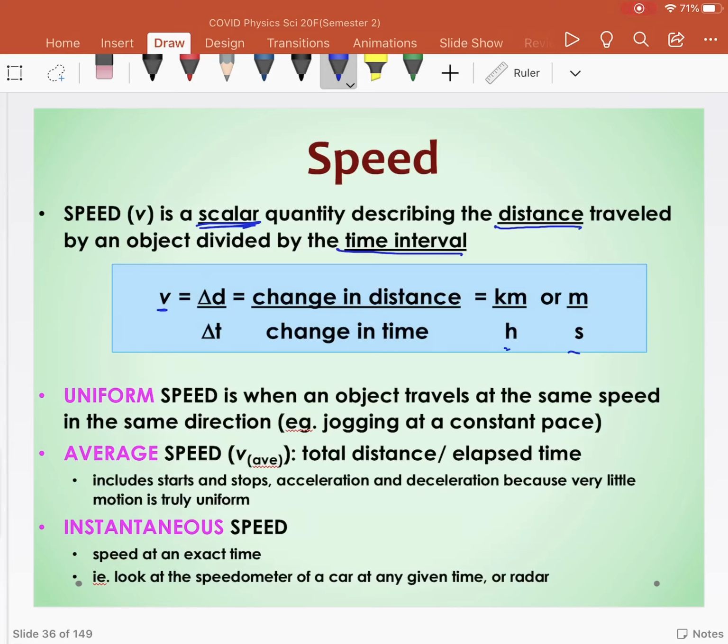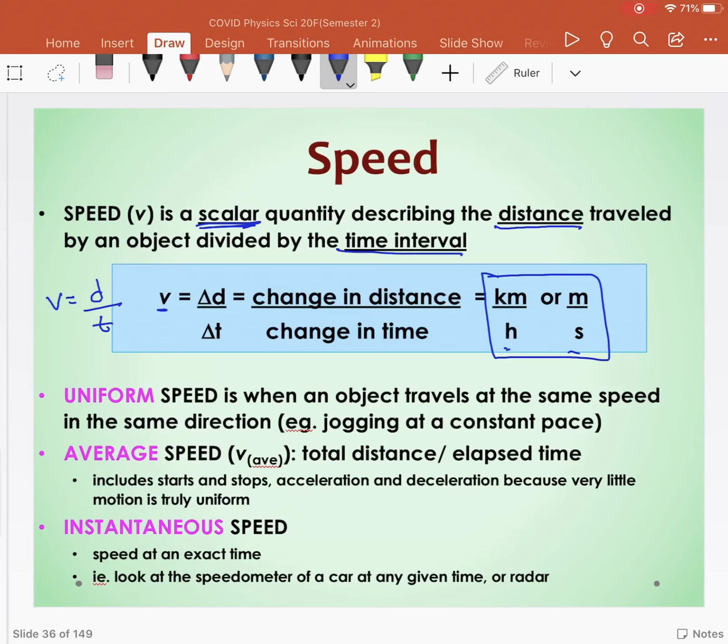So speed is equal to the change in distance divided by the change in, or total, time. All right, and it's typically measured in kilometers per hour or meters per second, but doesn't necessarily have to be those units. Okay, so oftentimes you'll see me just write it as V equals D over T. Okay, distance divided by time.